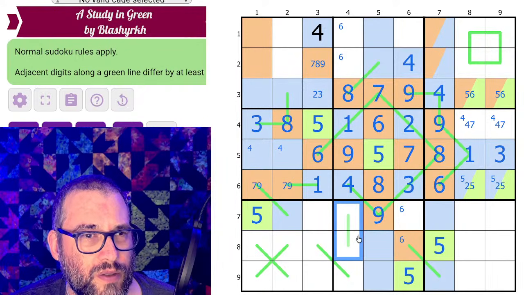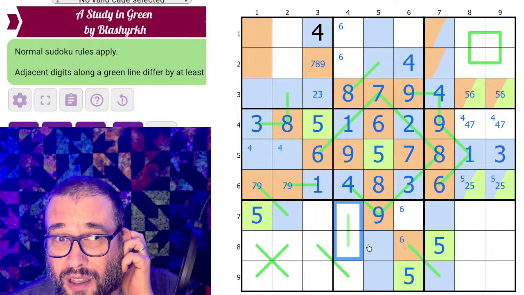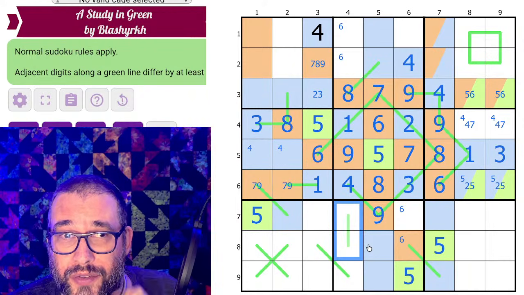Garion says these can only be 2, 7. Yes, I agree.